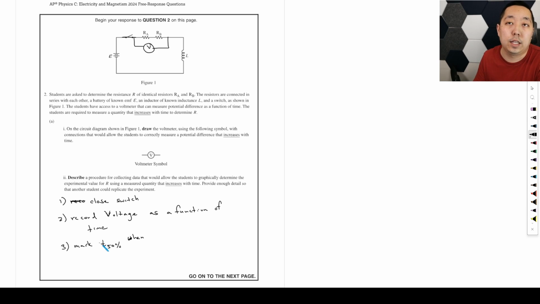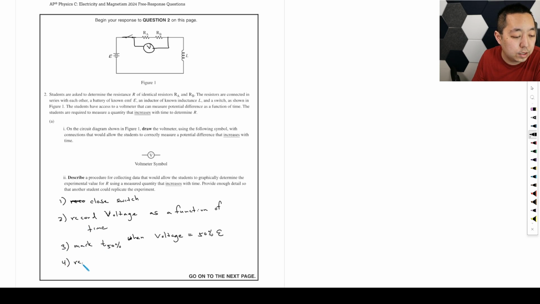One time constant, I think, is like 31% of the original voltage or something. It drops 69%. There's a rule of thumb, but honestly, I'm just going to pick the 50% point because I think that's the most straightforward, when the voltage equals 50% of epsilon. I think that's just easier. You could pick any percentage technically. Just pick some point and we use that.